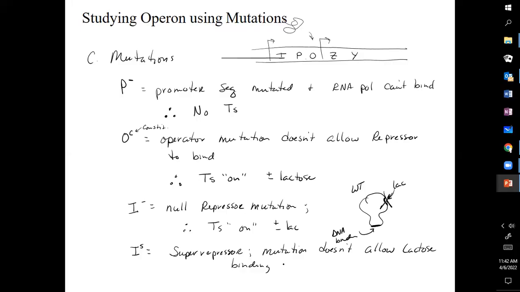So that means that the repressor is always bound to the operator. That means that polymerase is never going to get in there. And so therefore, you have no transcription, whether or not you have lactose.